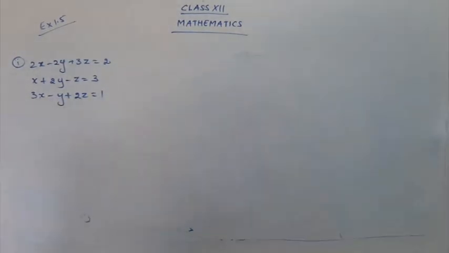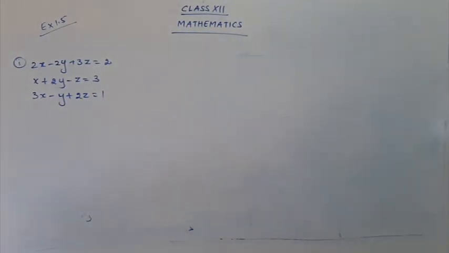So we have been given 3 equations and you're going to solve them. Solving the linear equations means you have to find the unknown values, that is, the values of x, y and z. Have you taken the question?